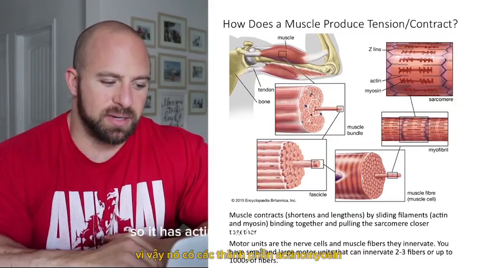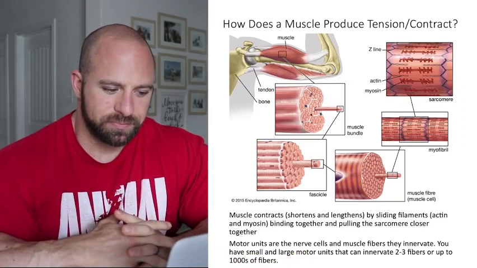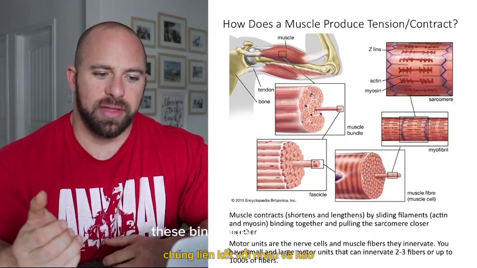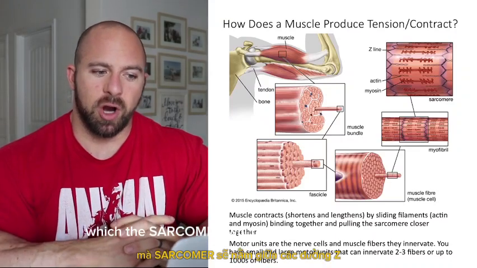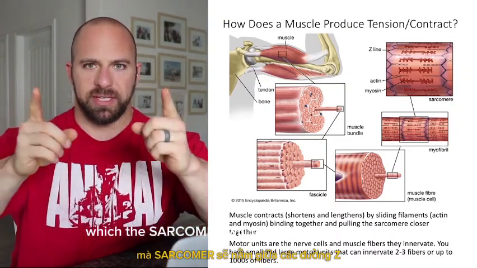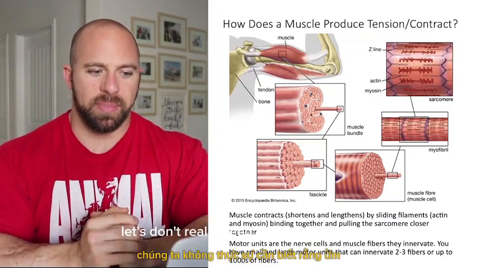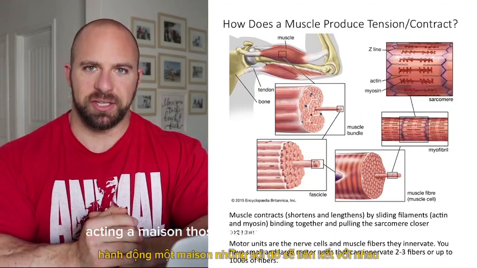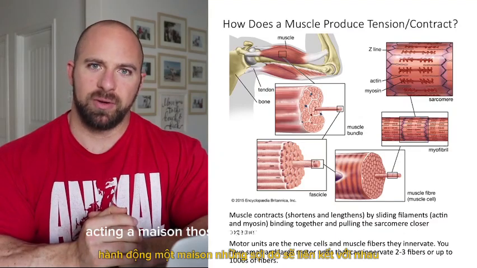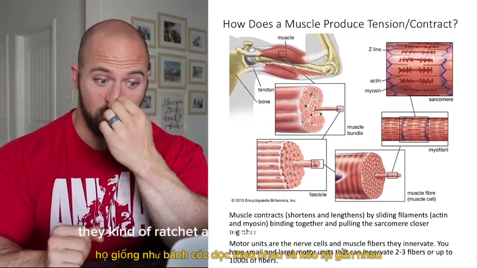So it has actin and myosin components, which is the sliding filament theory. These bind together and pull the sarcomere closer together, which the sarcomere will be between the Z lines. Don't really need to know that, but what you do need to see is that actin and myosin filaments will bind together and kind of ratchet along each other and pull closer.